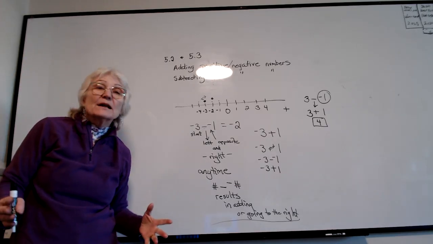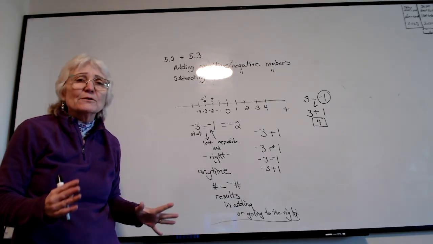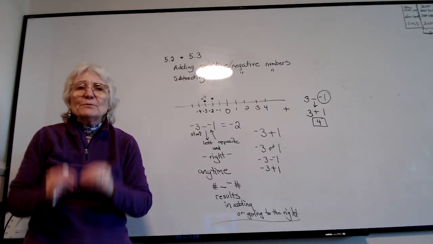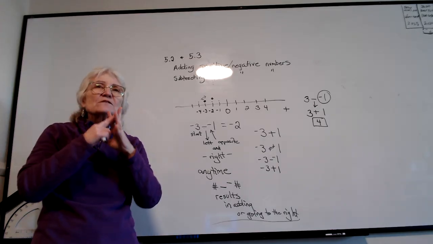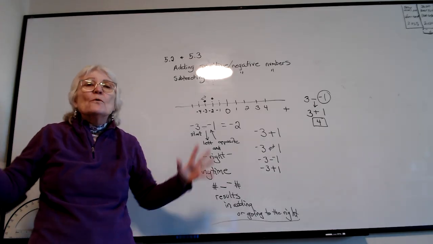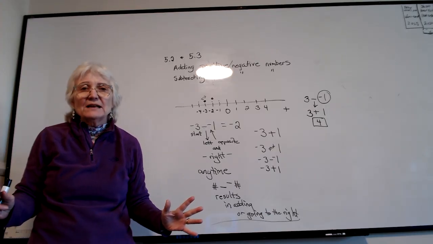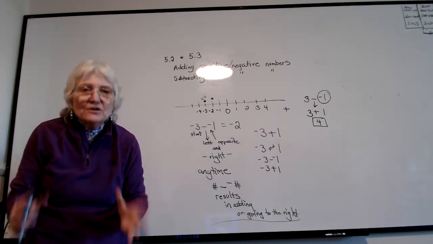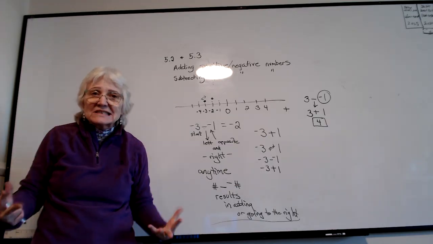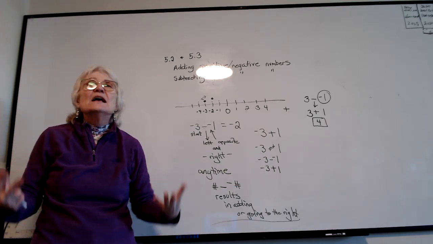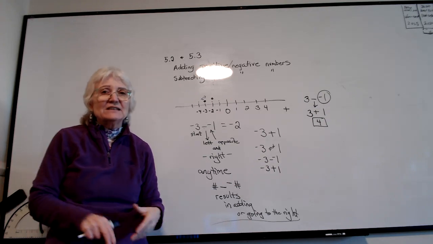People don't like to write it down because they think, oh, that's not important. It is extremely important because it puts it into your head, and now you can start to visualize that without the number line. So if you start using the number line, it will eventually get into your head so you can see it as you're working those, and it will become much, much easier for you.